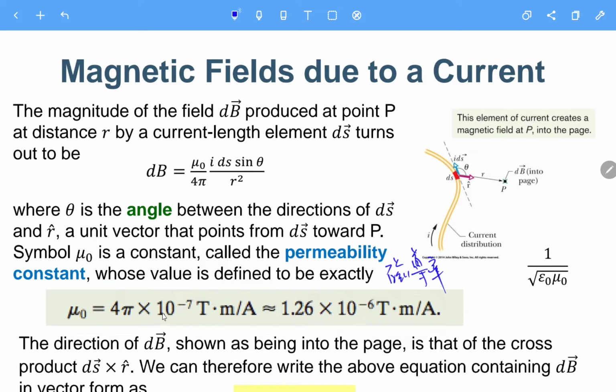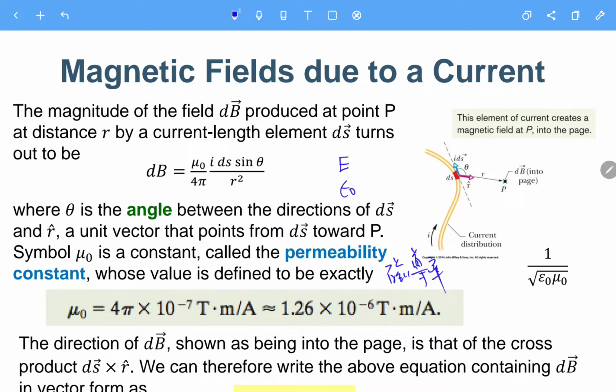And as I mentioned, when you look at the equations in electromagnetism, some formulas for the E field and some for the B field, the equation for the E field generally uses E and epsilon naught.